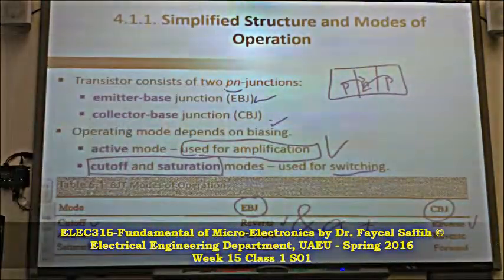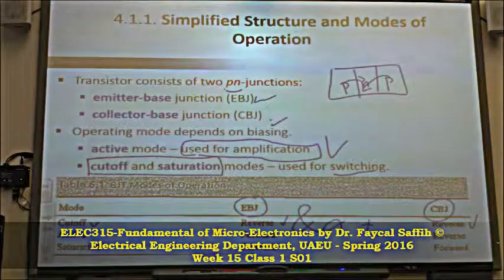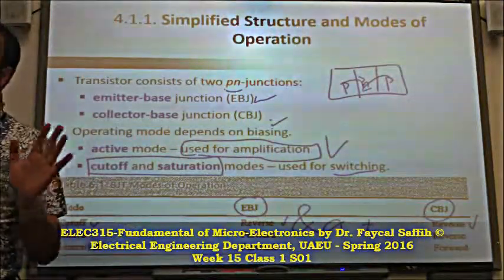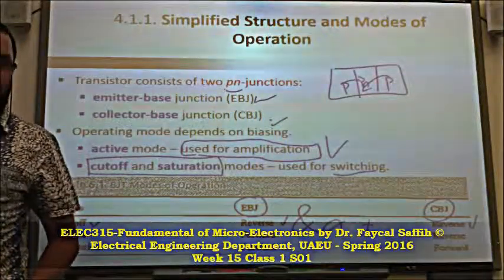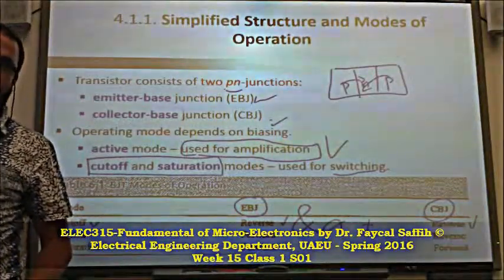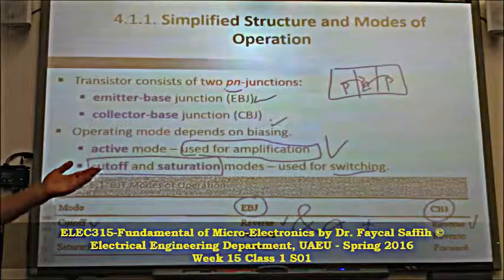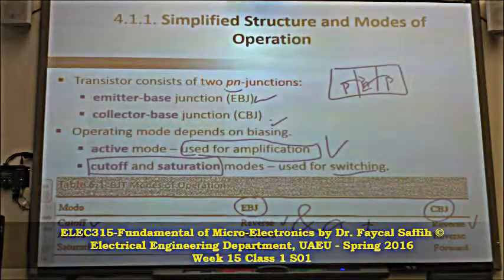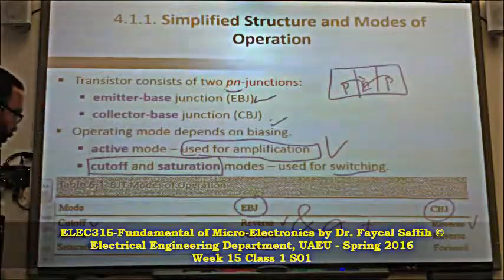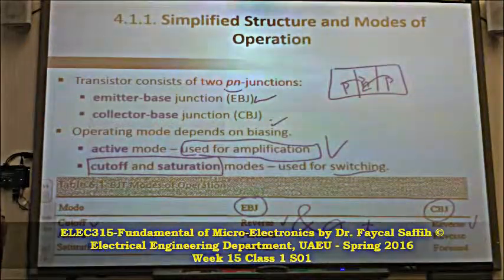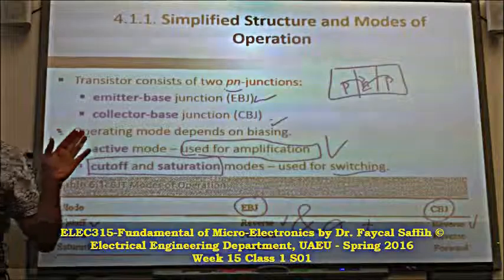Mohammed asked a very good question: triode and saturation. In MOSFET, saturation is for amplification, yes or no? Yes. But here saturation is for switching. We don't have a triode here. If you want to make similarities, cutoff is cutoff, meaning there's no current going through.